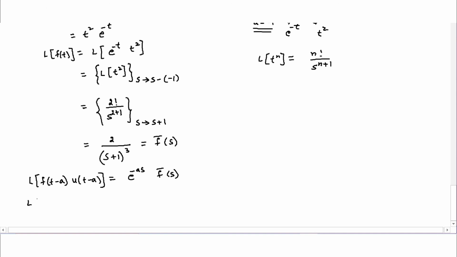Now if we rewrite it, the a value I have taken as 3. So the Laplace transform of f of t minus 3 into u of t minus 3 is equal to e power of minus 3s into f bar of s, which is 2 by s plus 1 whole cube.